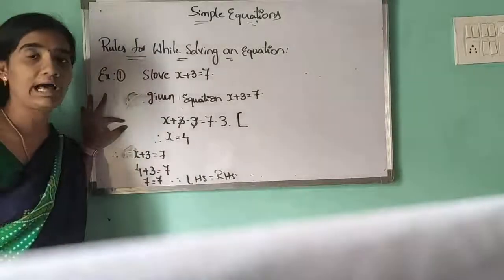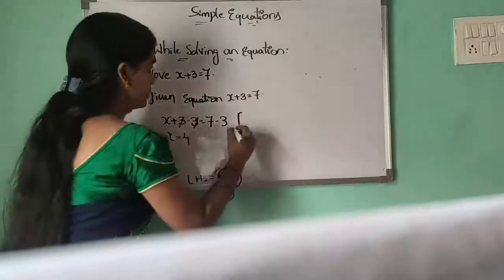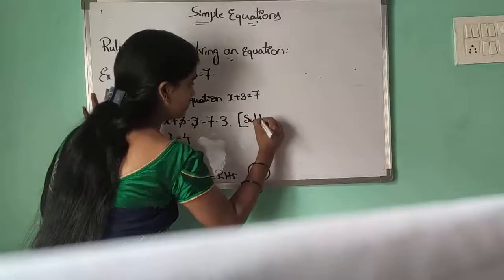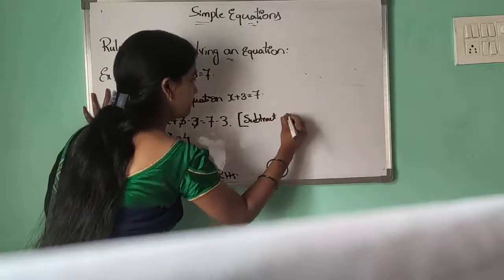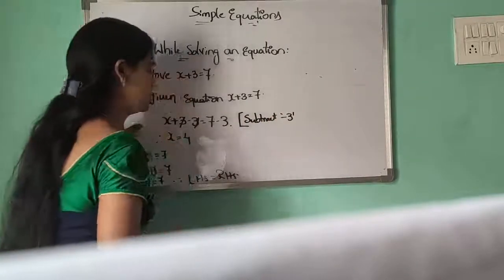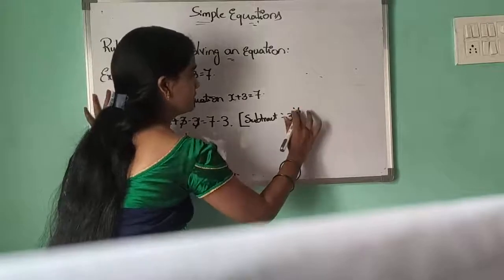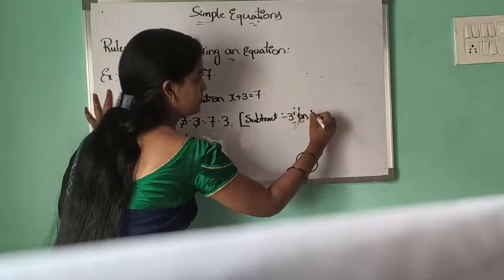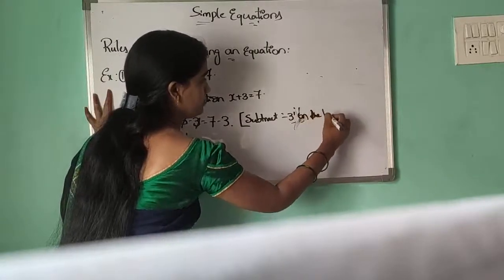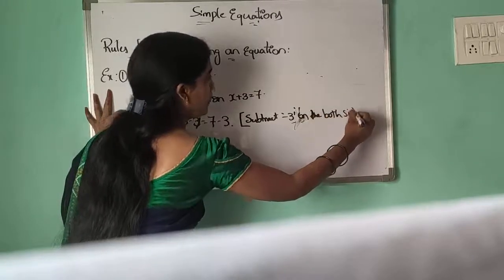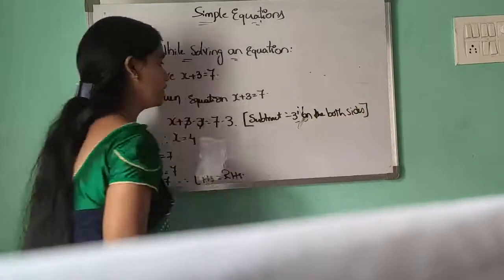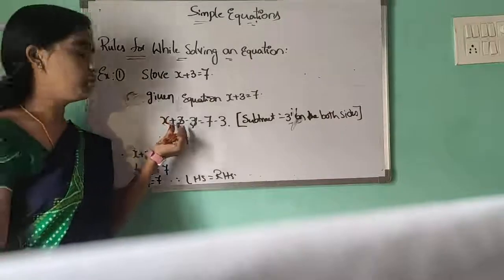So which number am I adding? I subtract 3 on both sides. Why do I subtract only 3 on both sides?